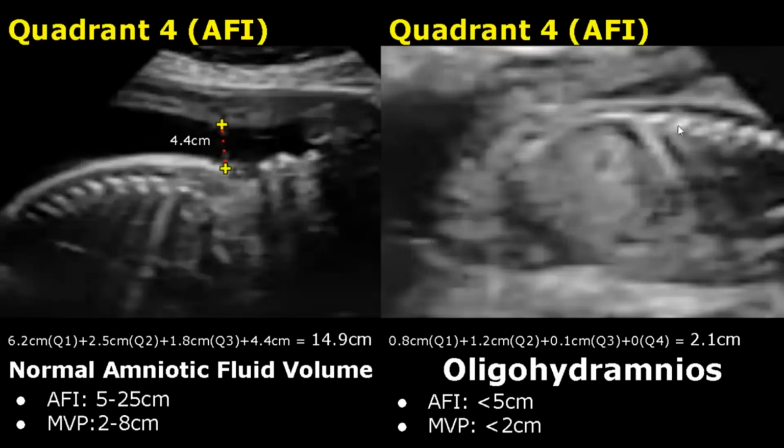And in this image of oligohydramnios, we do not see any fluid in the fourth quadrant, so the Q4 value is 0. For the normal fluid volume, by adding the values of all 4 quadrants, we get an AFI value of 14.9 centimeters. And for oligohydramnios, it only adds up to 2.1 centimeters.